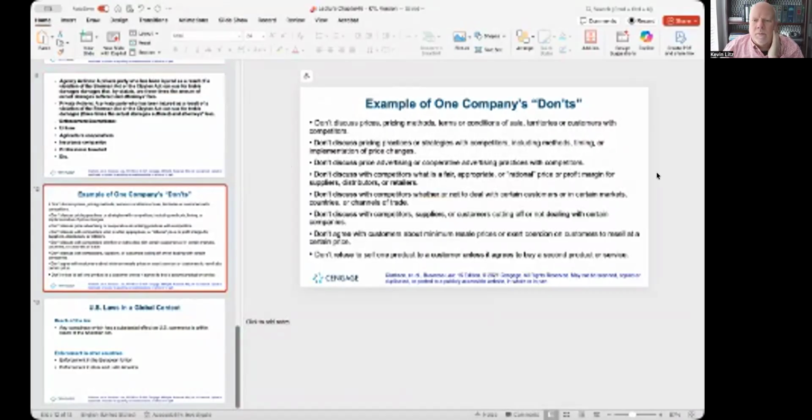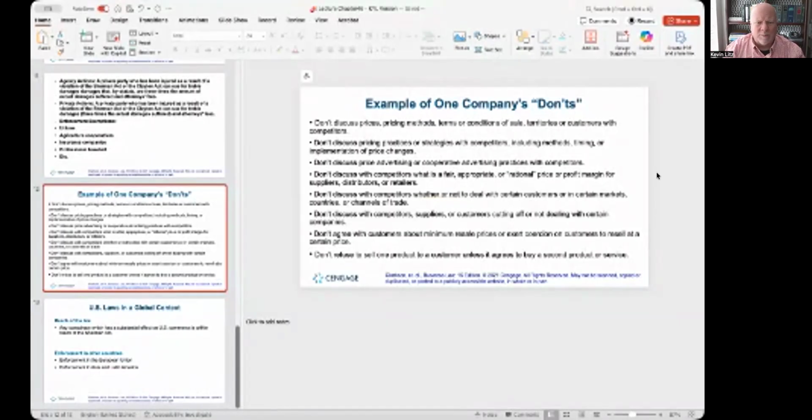When you're with competitors, don't talk about your prices, their prices, how you price, terms and conditions of sale, etc. Just don't. Even if it's in good faith, you're having dinner, it can be problematic. Okay, don't do it. Pricing strategies, advertising for prices. Don't do cooperative advertising with competitors.